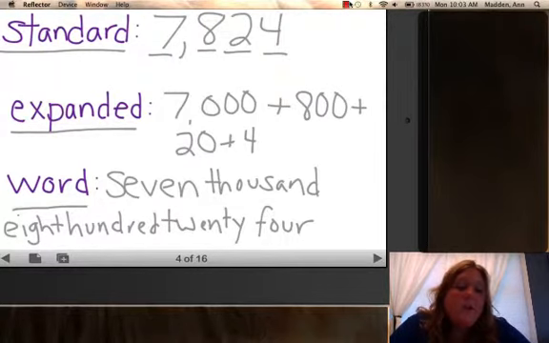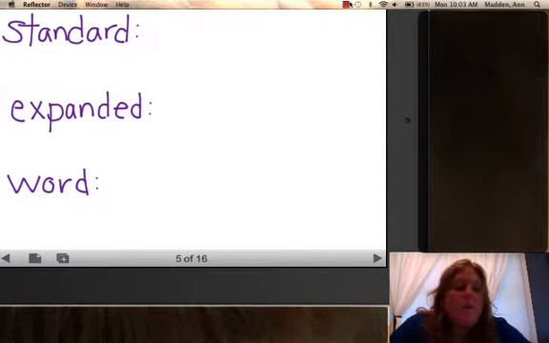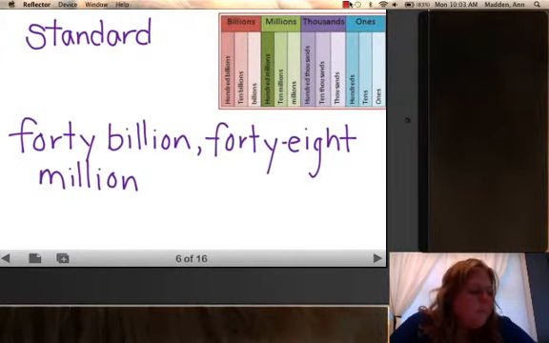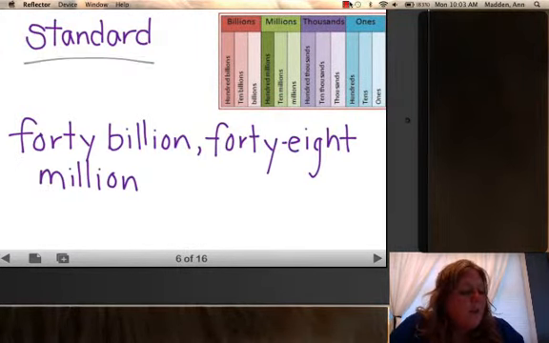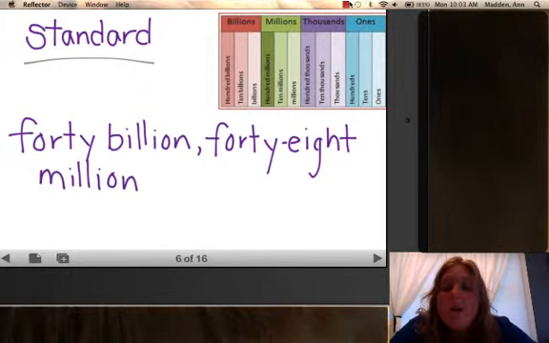Knowing from that standard, expanded, and word, we're going to do a couple practice problems here. It is telling me to write my number in standard form. Here is my number, 40,048,000,000. Not a lot of words in there, but each number fits in a specific spot.